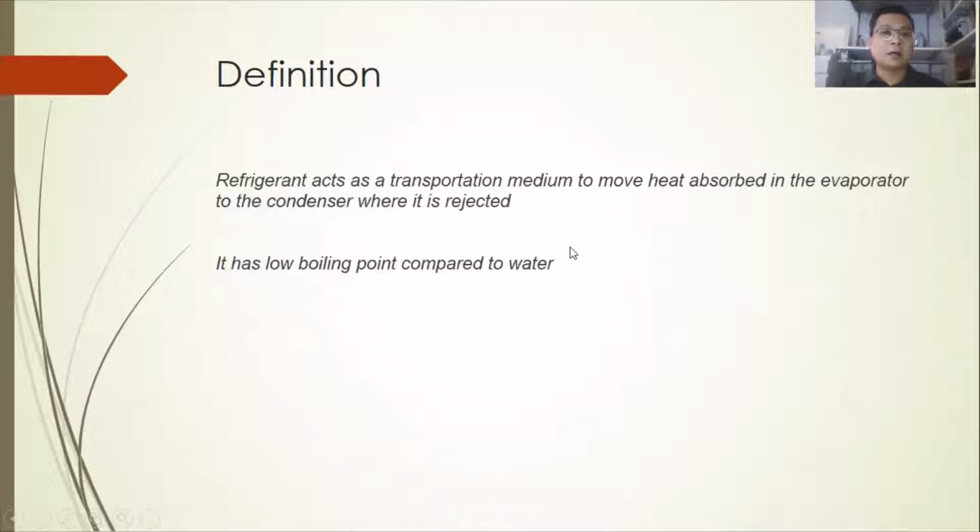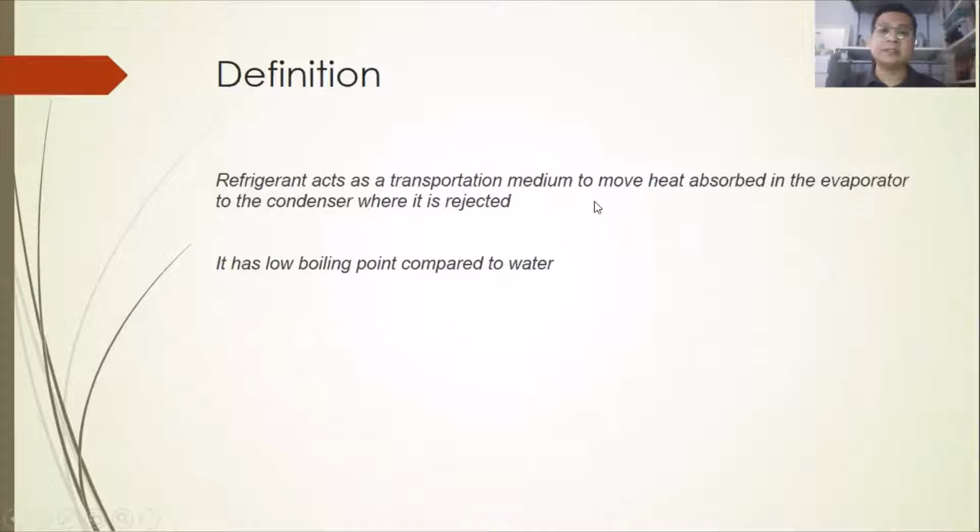One medium we need to transport the temperature is the refrigerant in the refrigeration system, because without the refrigerant we cannot transport heat from the high to the low temperature area or device.